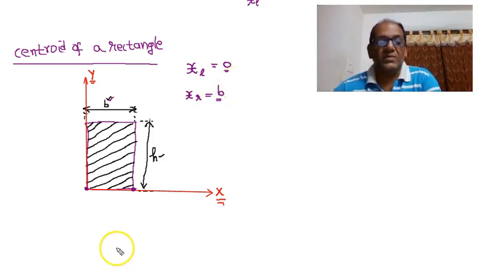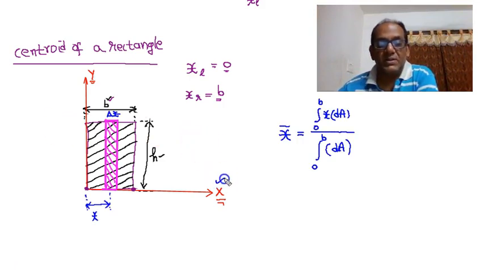With this we consider an elemental area, because we are trying to find the X coordinate of this plane figure. We consider the elemental area perpendicular to the X-axis. Having established the X-axis and Y-axis, and having identified XL and XR to be 0 and B, we consider the elemental area as shown over here.